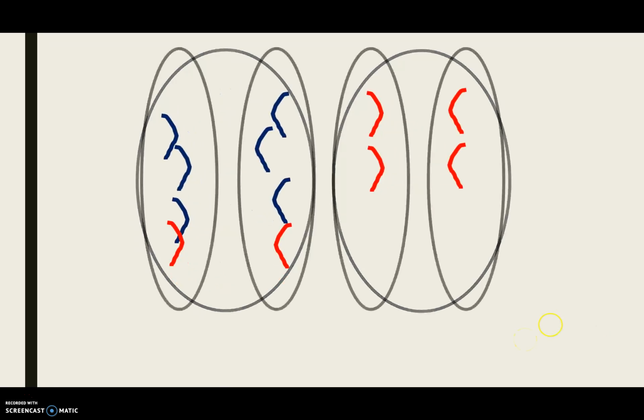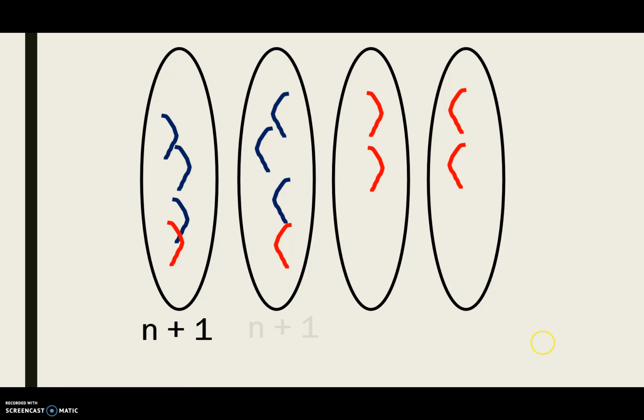And then when cytokinesis occurs, we see here that now we have 2 cells that have an extra chromosome, while 2 of the cells are missing a chromosome.